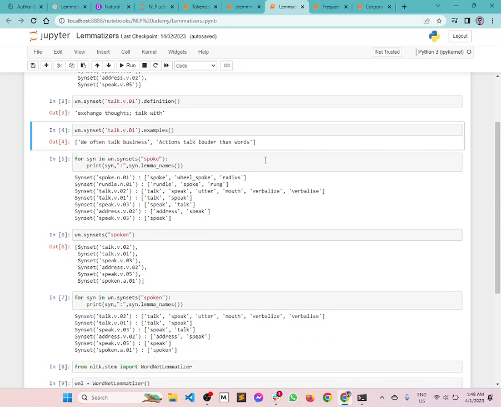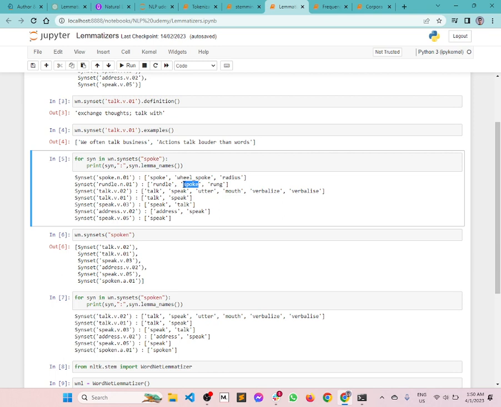Now if we are trying to figure out the words, they are separated by semicolon, and this is separated into individual words, like here using spoke.